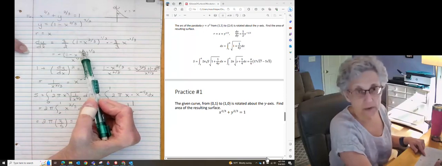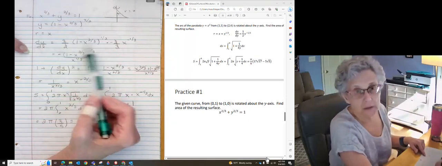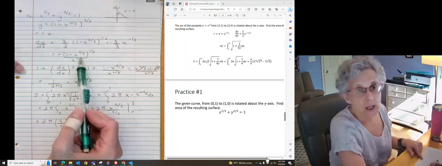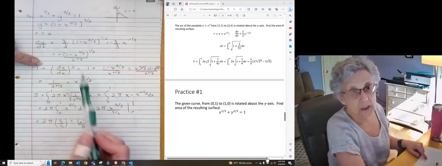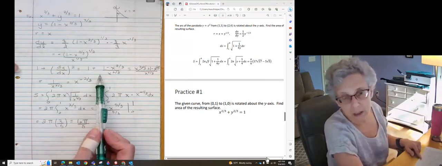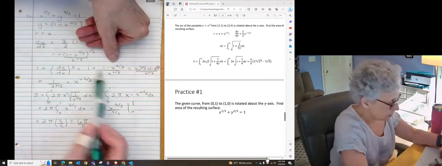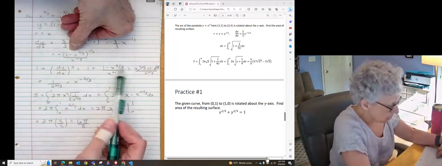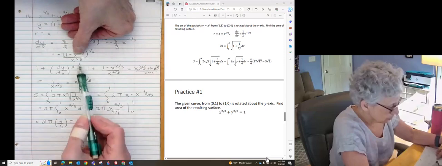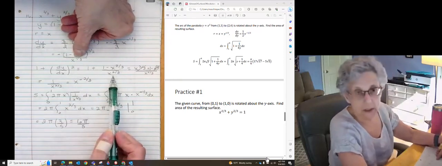I took the derivative. Exponent fell down, subtract 1 from the exponent. Don't forget the chain rule. I ended up with a negative thing, but then when I squared it, the negative went away. I ended up with what was inside the radical over the denominator squared.